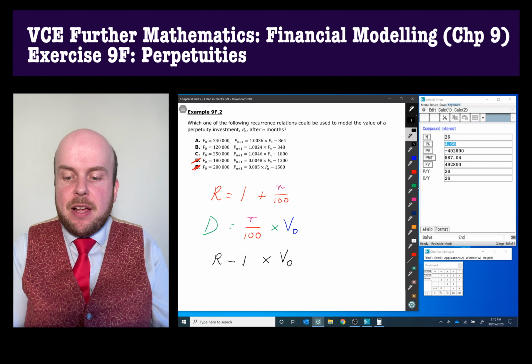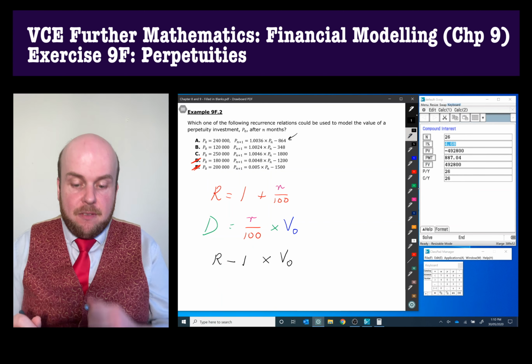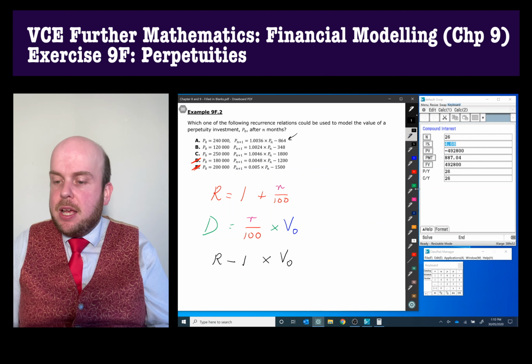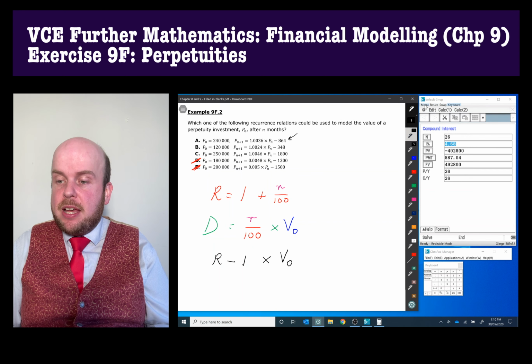And a reminder, the D value is these little friends at the end. So they're the D values, and there's the V naught, or in this case, P naught, as the question might be. For this one, I don't even need to use the financial solver.